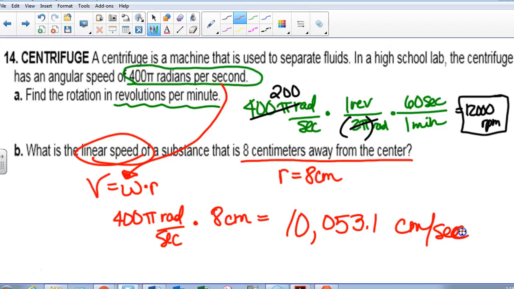So if a mosquito got caught on the very edge of the test tube before you put it in the centrifuge, he would be traveling 10,000 centimeters per second as he swirled around in the centrifuge. A very dizzy mosquito when he's done, right?